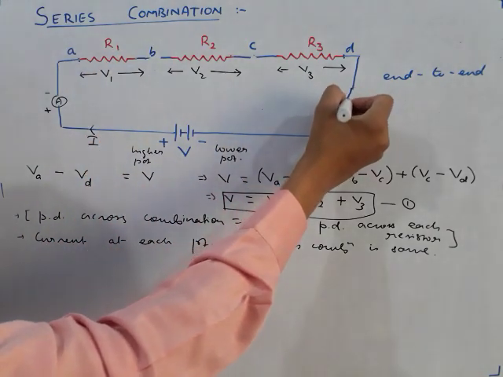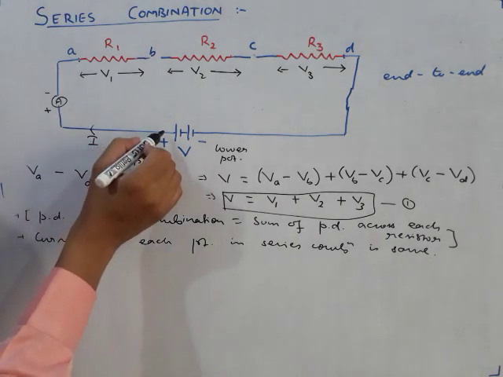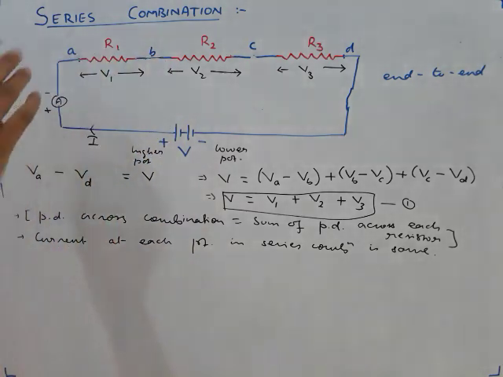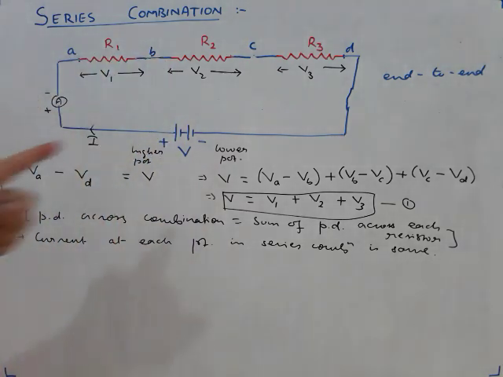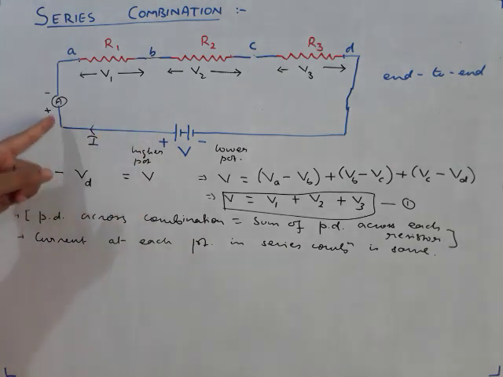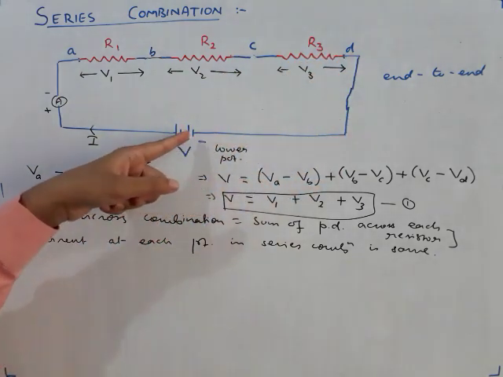That happens because current is nothing but flow of charge per unit time. So current arises because of flow of charges. When charges flow, they don't find any alternative path. If you see carefully in this circuit, if you start from this end, there is only one line along which you can move.